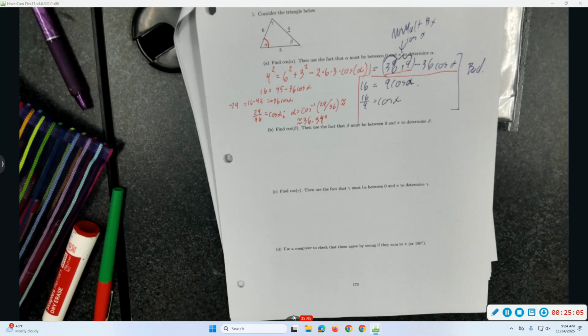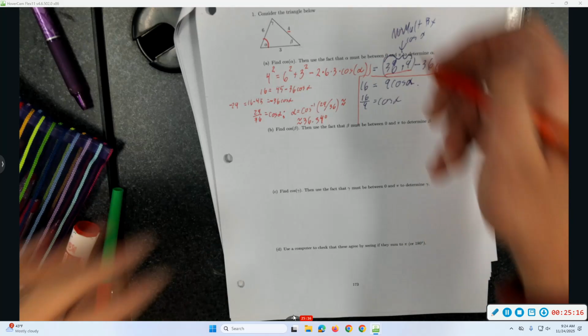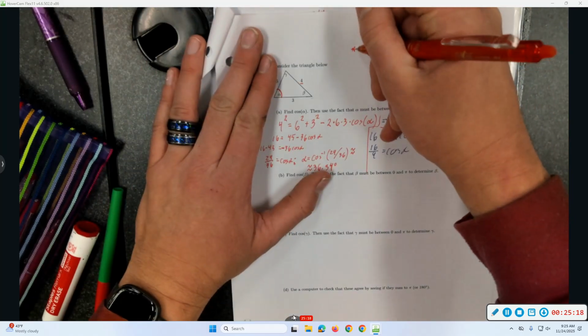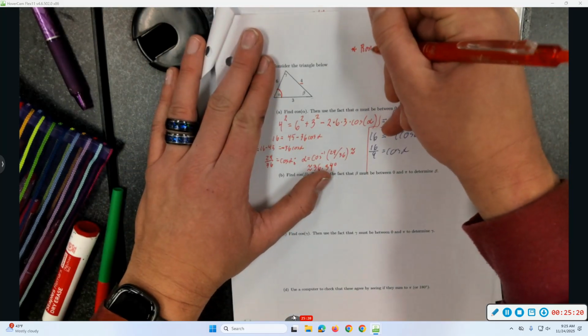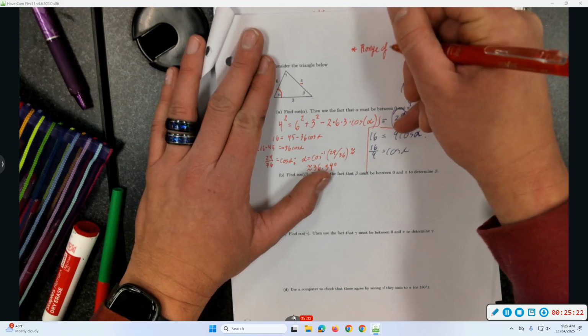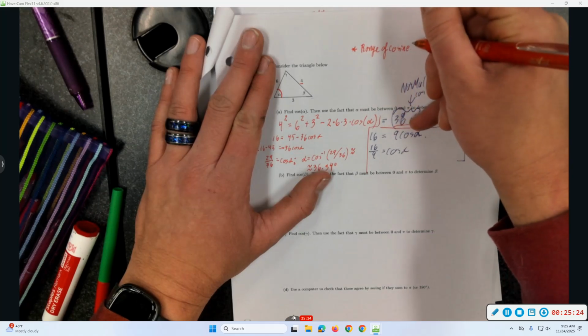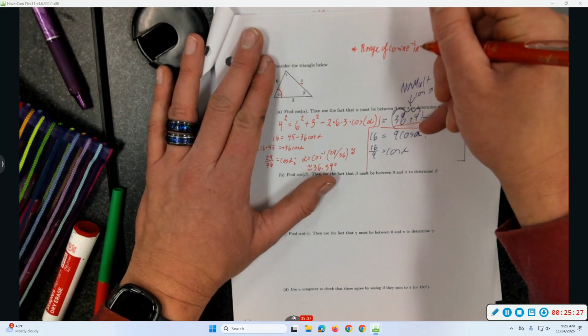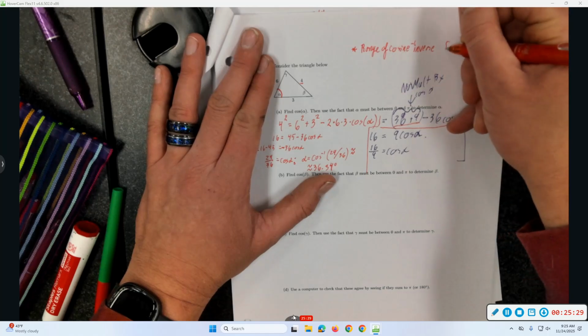And let's take a moment and reflect on whether that should be the only possibility. Let's do it by thinking about what the range of cosine is and what angles you can see in a triangle. What's the range of cosine inverse? 0 to pi.